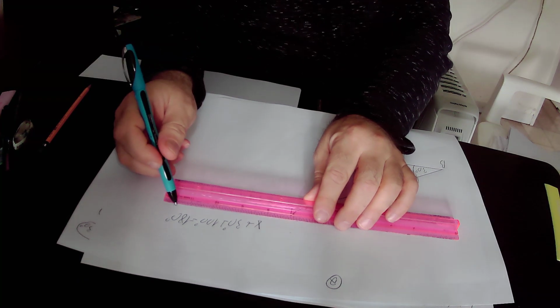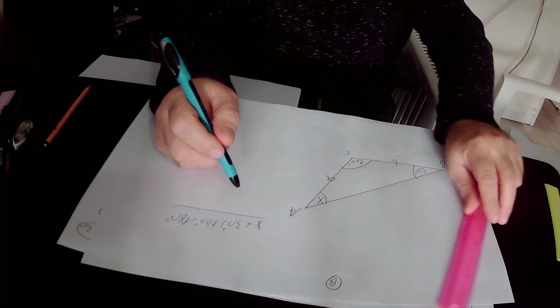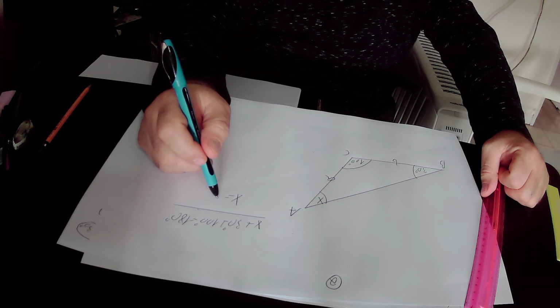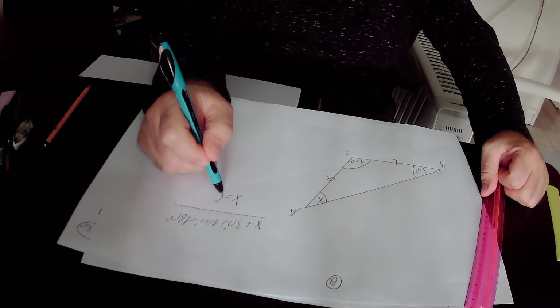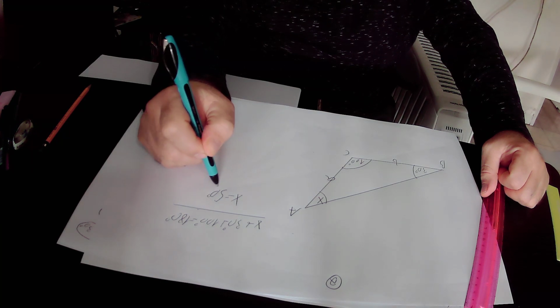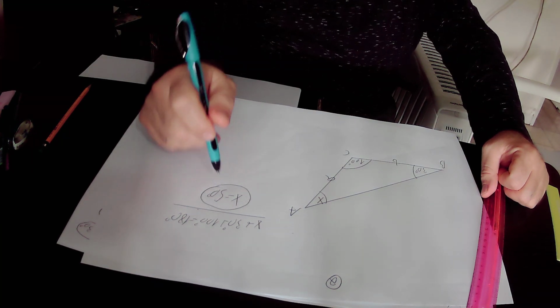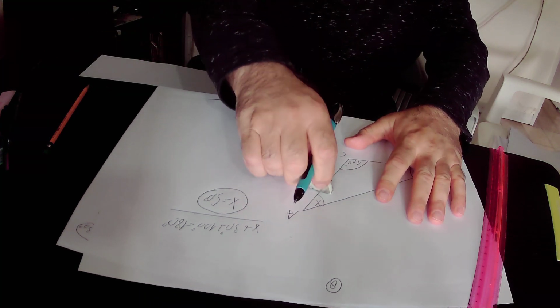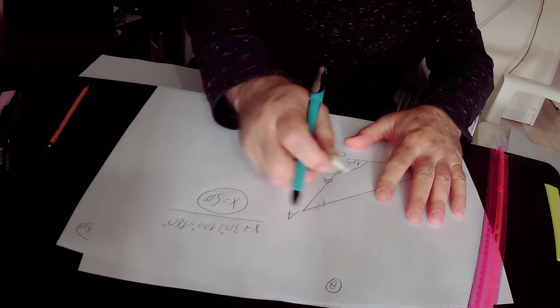Here we will subtract 130 degrees, and we will get that X equals 180 degrees minus 130 degrees. That is to say, X equals 50 degrees. So we found out that angle X equals 50 degrees, so I will substitute angle X by 50 degrees.